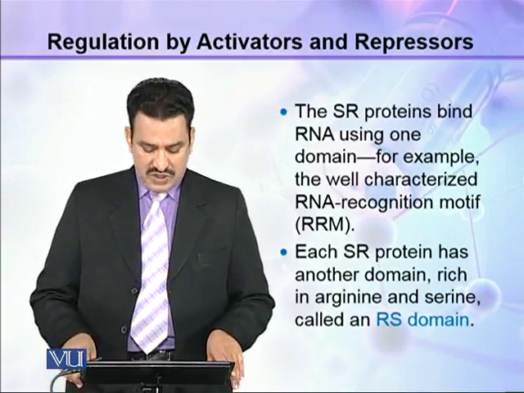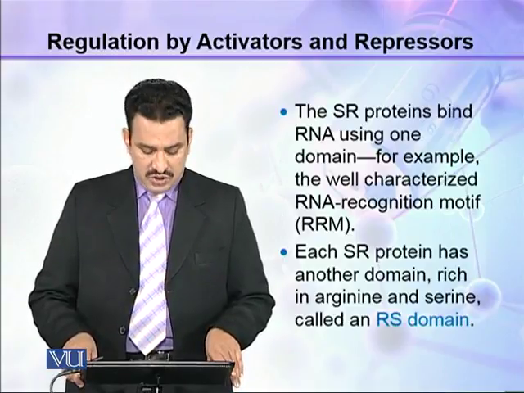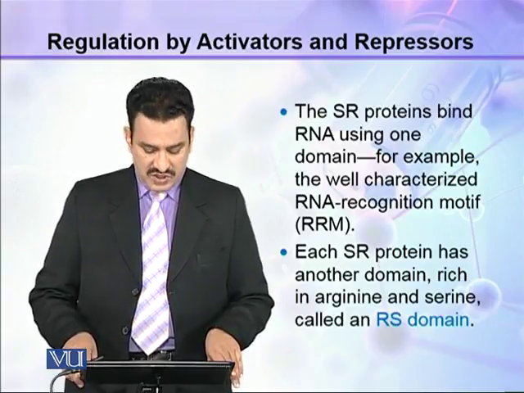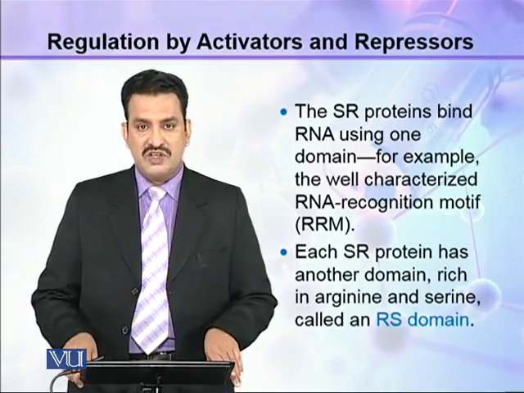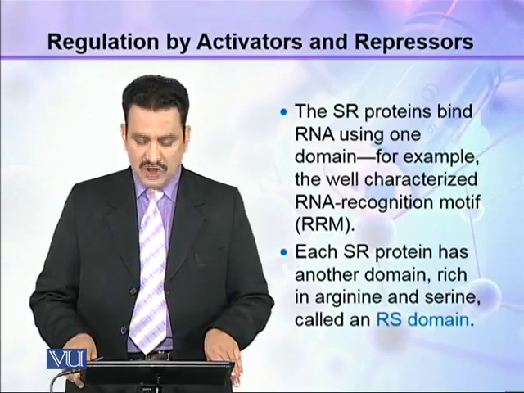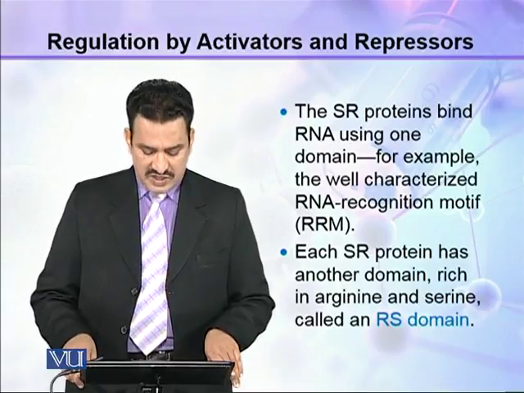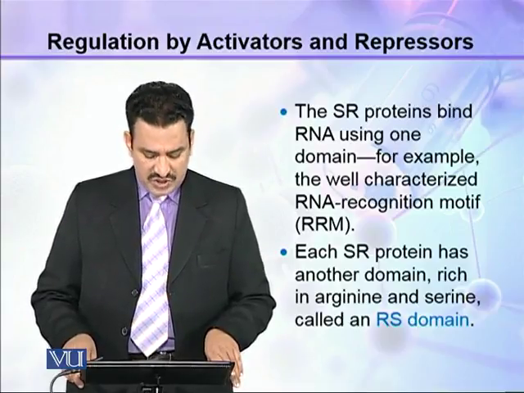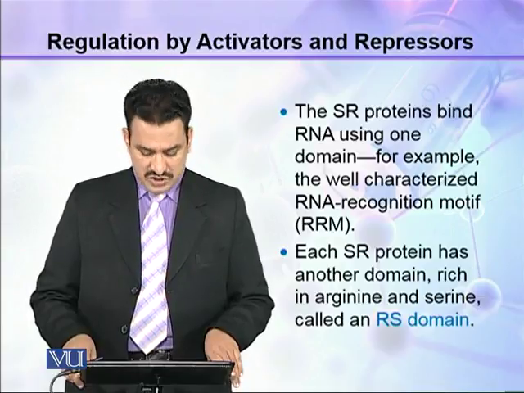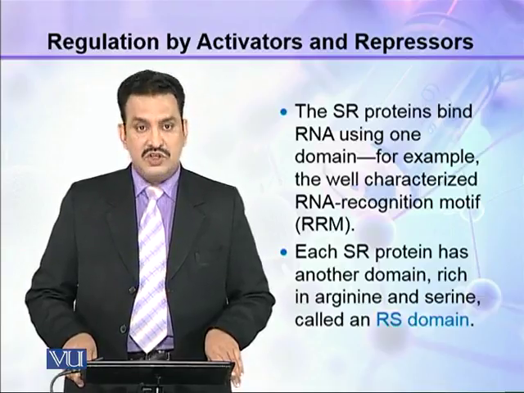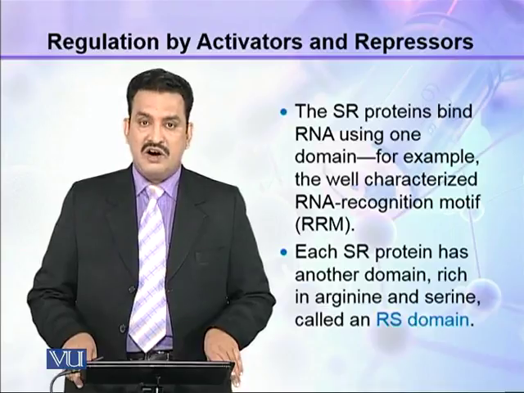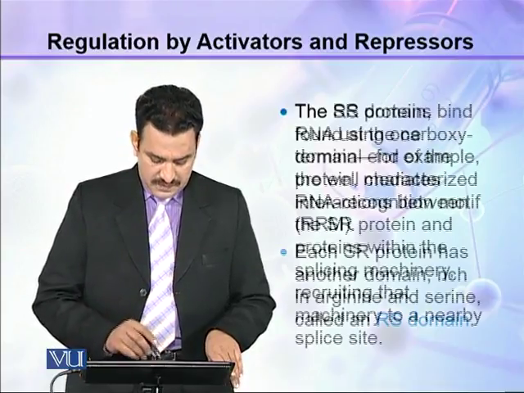The SR proteins bind RNA using a domain, for example, the well-characterized RNA recognition motif, RRM. Each SR protein has another domain which is rich in arginine and serine, and this domain is called an RS domain.